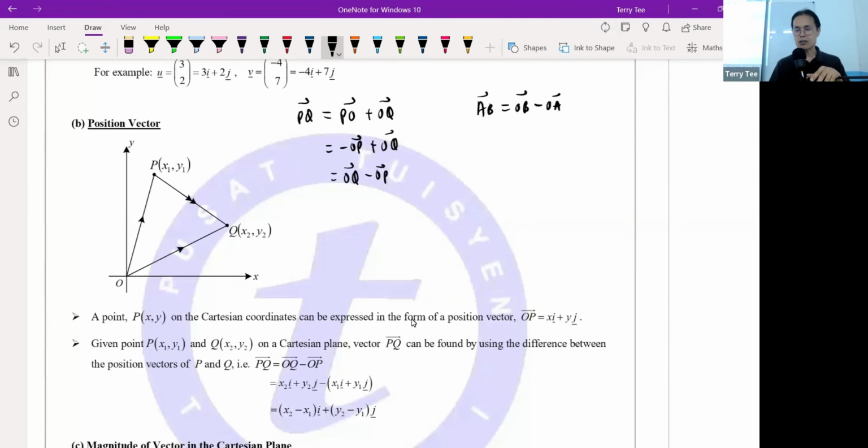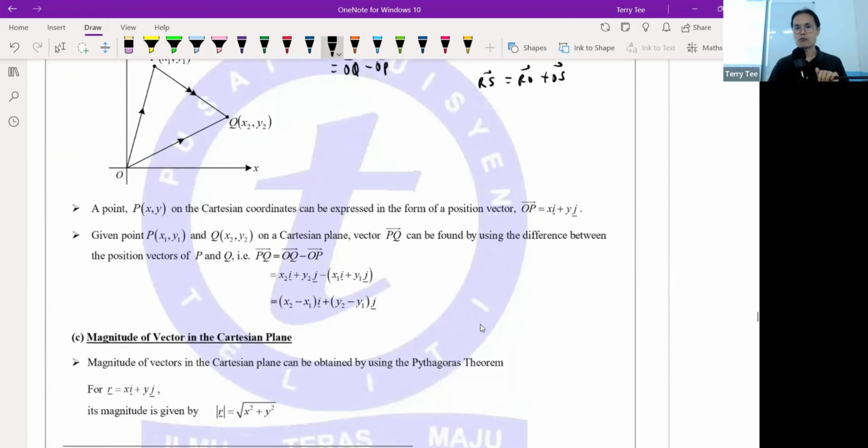It's always the second letter with respect to O minus the first vector with respect to O. If I give you RS, it will be OS minus OR. If you're unsure, it's okay, you just do R to O, O to S, right? You always have to pass through O. Position vector is always with respect to point O. So RO is just the negative of OR.